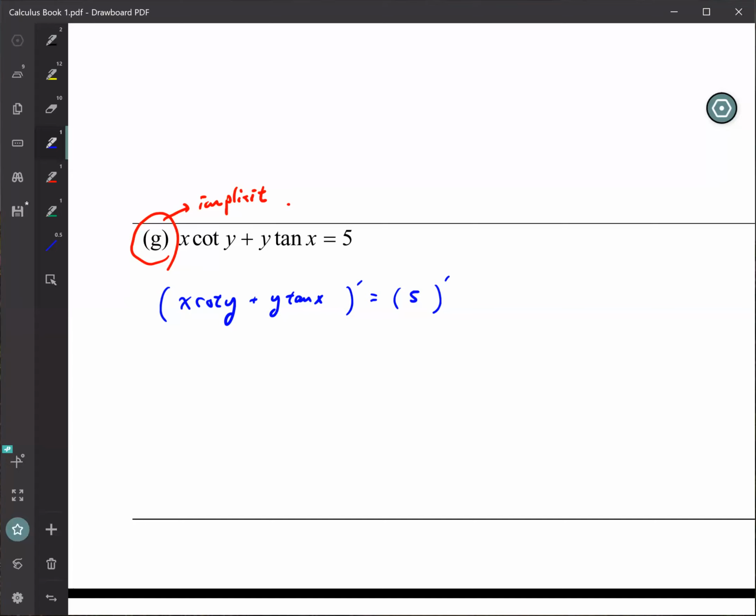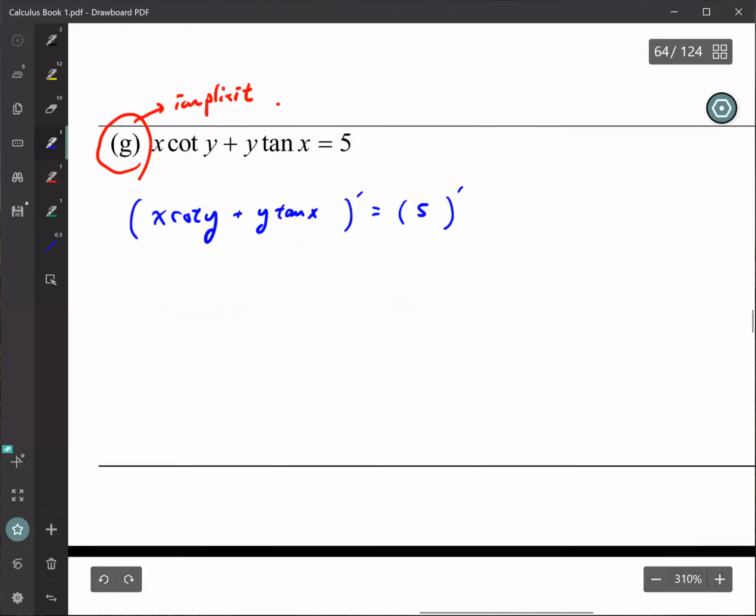It will stay as y prime. Last one, you can do it.